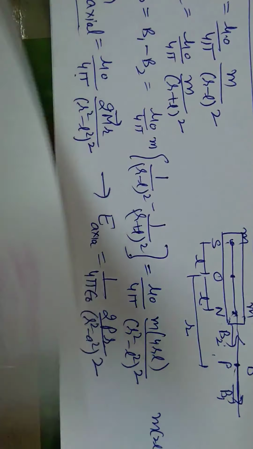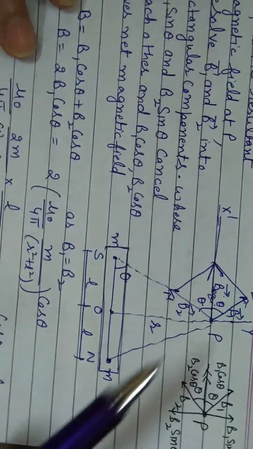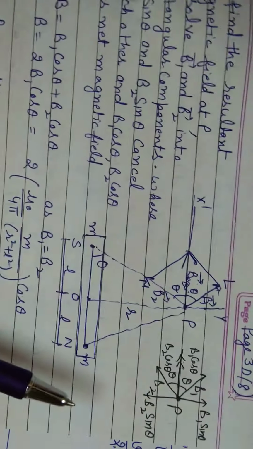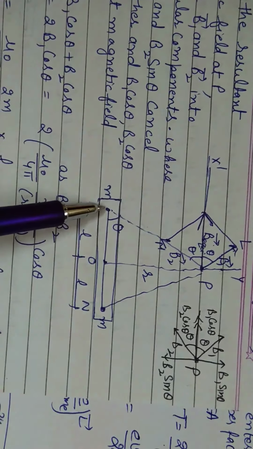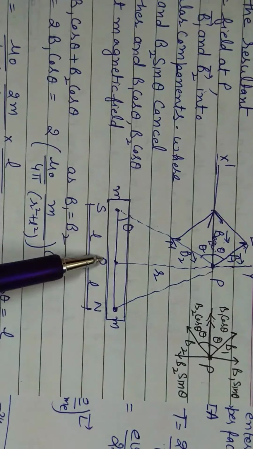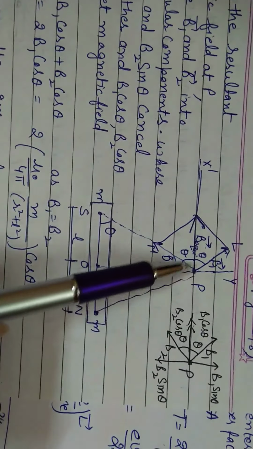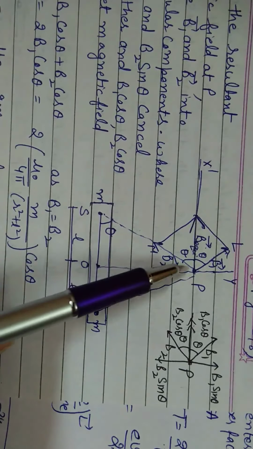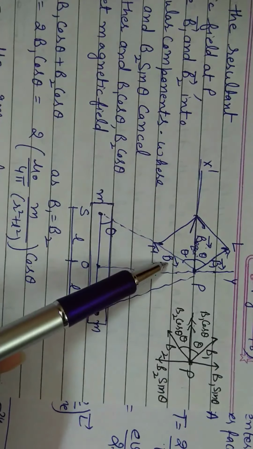Now for the observation point, we have this diagram, the equatorial direction diagram, when we have to find the equatorial magnetic field for the bar magnet. Same procedure. We have this dipole, S, N, O the center, L the length, pole strength. The observation point is P, on the equatorial line, and again this distance is the same from here.